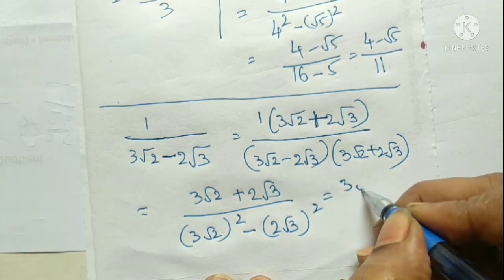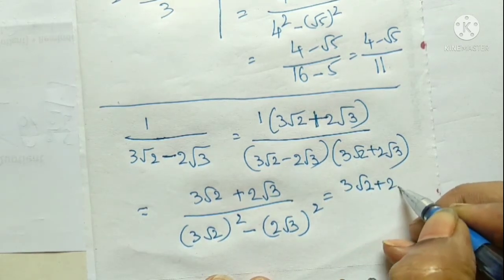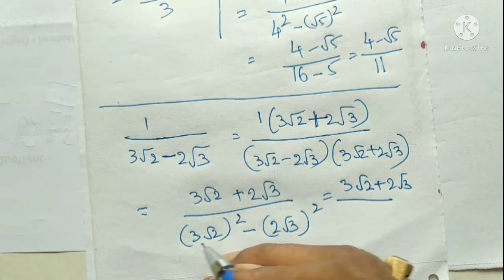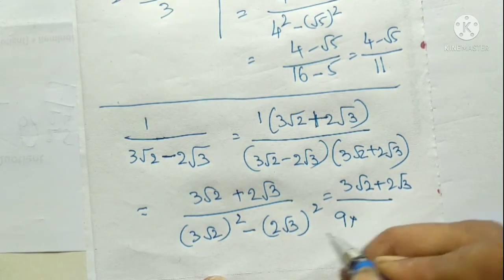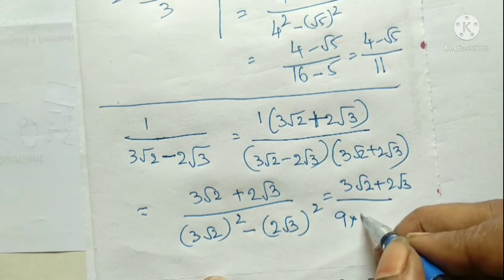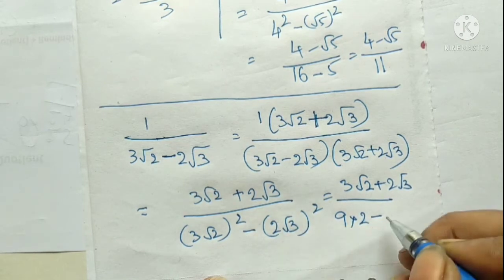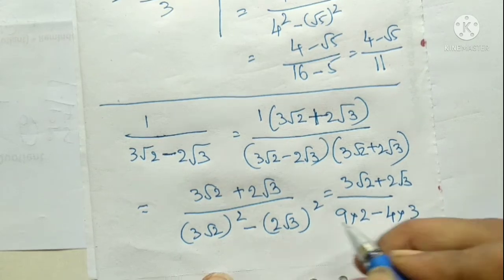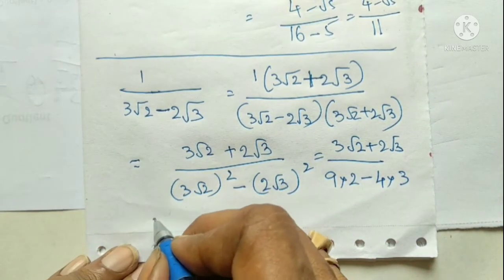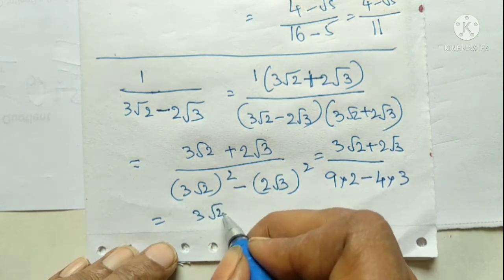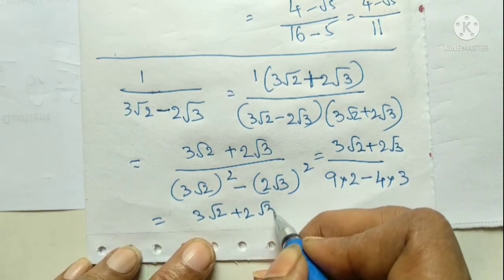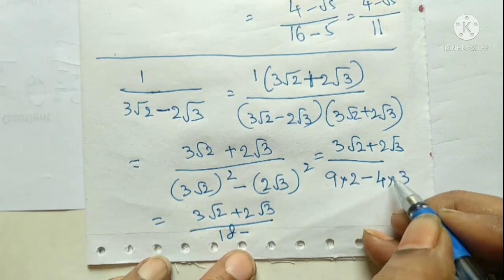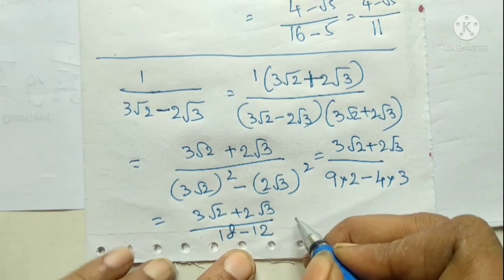That is 3 root 2 plus 2 root 3 by, 3 square is 9 into root 2 square which is 2, that is 18, minus 2 square is 4, root 3 square is 3, which is 12.